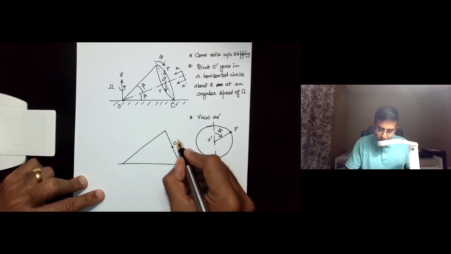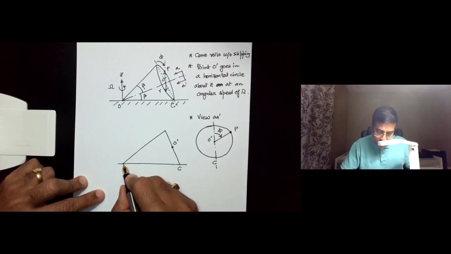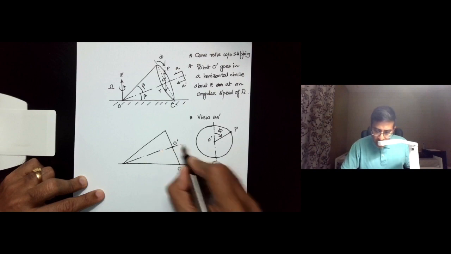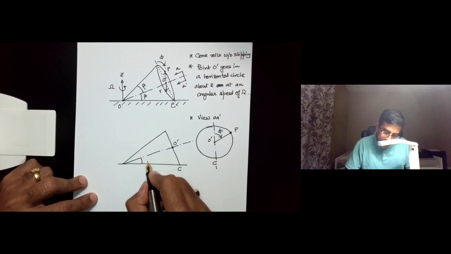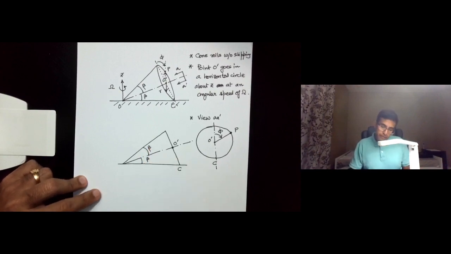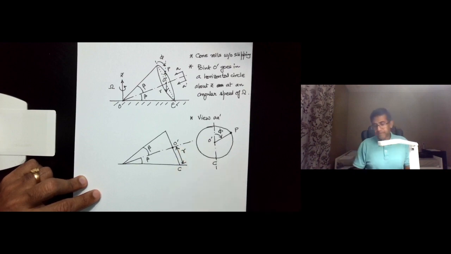This would be your point O prime. You won't be able to see the point P if you took a side view. This angle is beta, and this distance would be R.